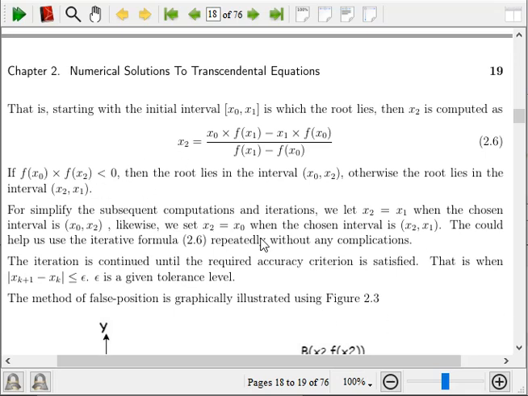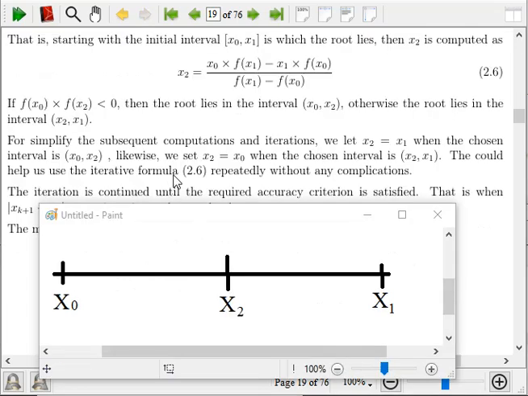I can illustrate this for you to see. So watch it, as you can see here. This is x0 and this is our x1, that is the initial interval. So we compute x2 using the formula you see here.